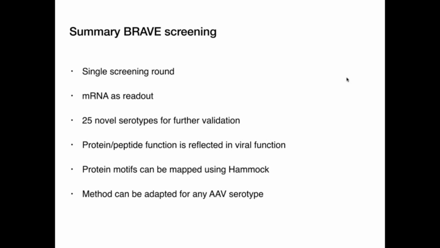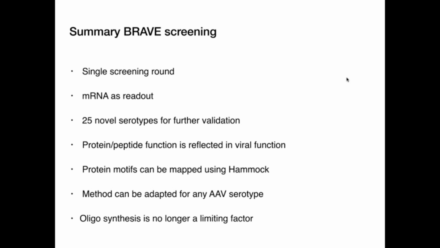We believe that this method can be adapted for any AAV serotype, or any virus type for that matter. And if you go a bit further and use DNA barcoding and this type of screening, it can be used for many different other applications. And oligo synthesis is no longer a limiting factor. When we started this approach, oligos were fairly expensive and could not be produced in the numbers we wanted.